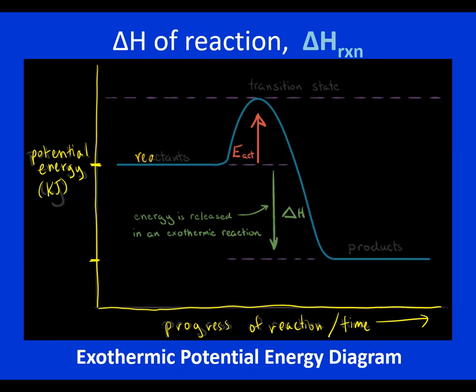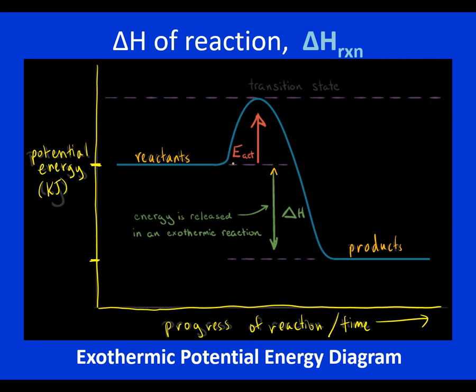So this first line over here to the left is always going to be designated as the reactants. This is the potential energy in the bonds of the reactants. Over here, this lower line to the right is always going to be what the energy is stored in the products, in the bonds of the products.